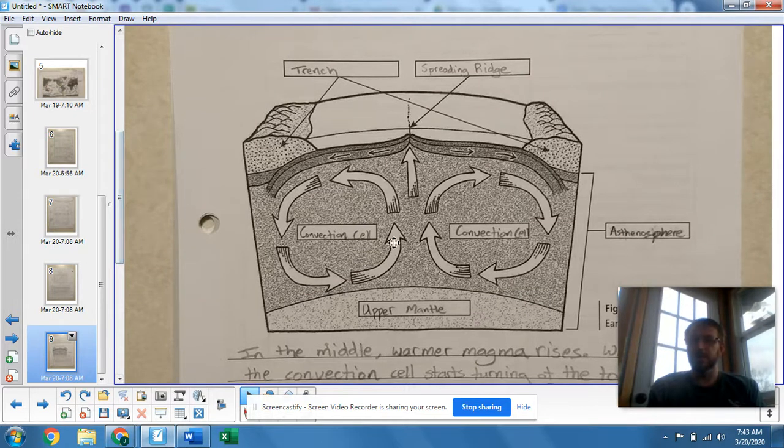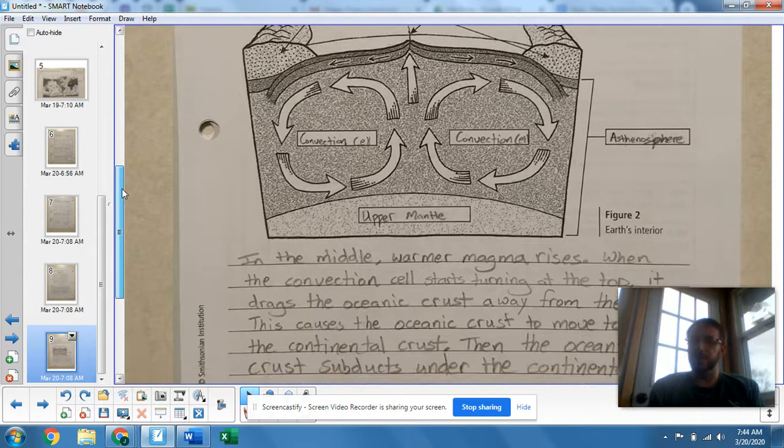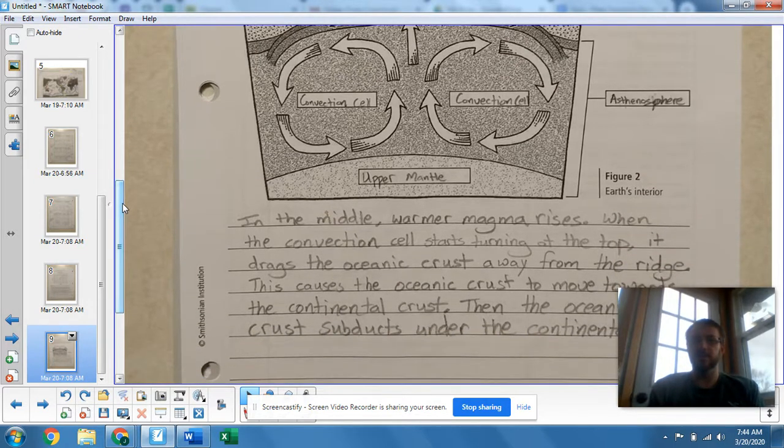Convection cells, where the warm magma rises, it drags the plates with it, then the cool sinks back down. We have the upper mantle, and then this chunk here at the very top that's closest to the crust is called the asthenosphere. So the question kind of asked, how do these convection cells help move the crust? So in the middle, you have the warmer magma rising.